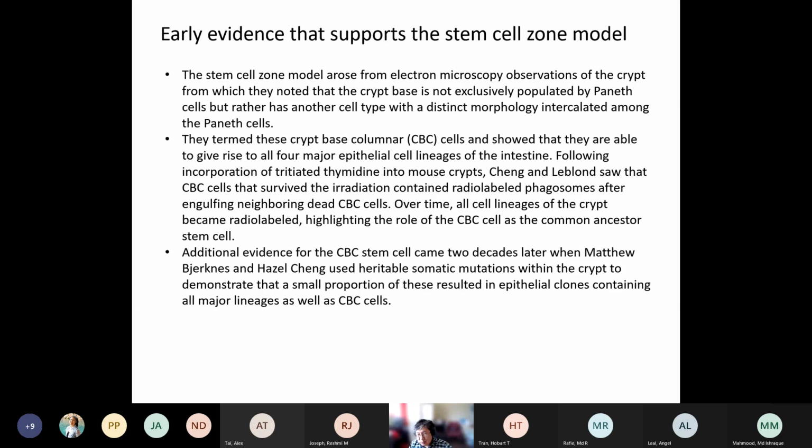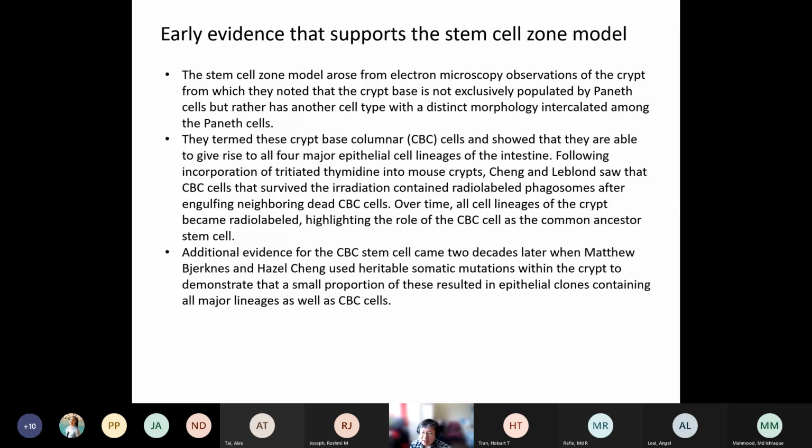Maybe at the beginning, they didn't receive a lot of the irradiation. They didn't incorporate a lot of the tritiated thymidine. But once they engulfed the dead cells, they are more labeled. They have more 3H thymidine in there. But amazingly, later on, they found that almost the entire lining of that region of the small intestine now became radioisotope labeled.